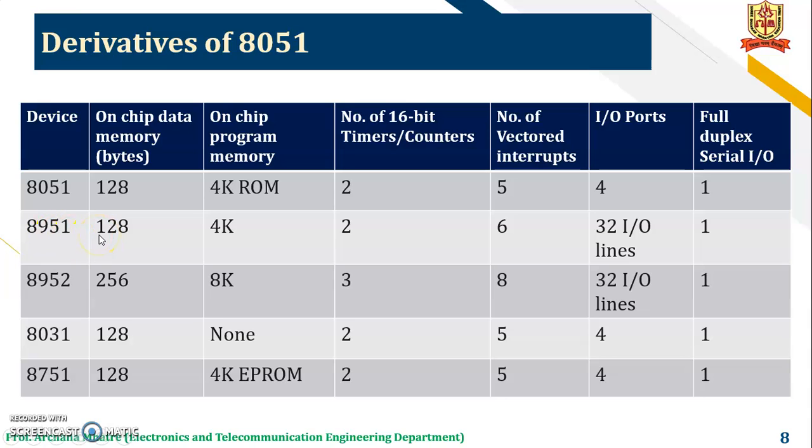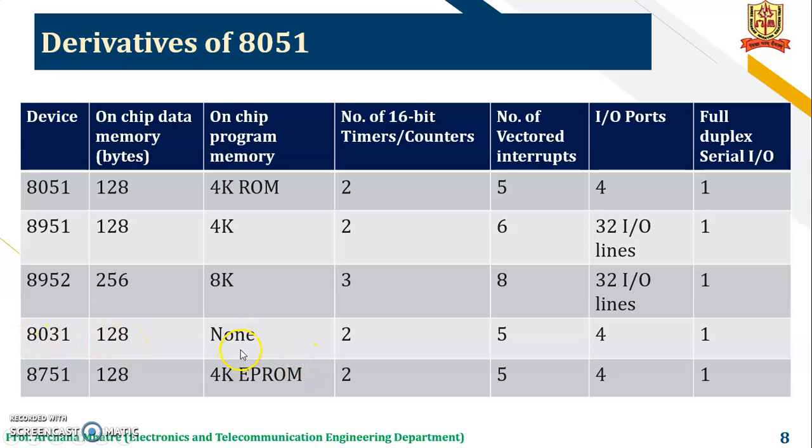8951 has 128 bytes of on-chip RAM, 4 KB of on-chip ROM, two 16-bit timers, 6 vectored interrupts, 32 IO lines and 1 serial IO port. 8952 has 128 bytes of RAM, 8 KB of ROM, 3 16-bit timers, 8 interrupts, 32 IO lines and 1 serial IO port. 8031 has 128 bytes of RAM.